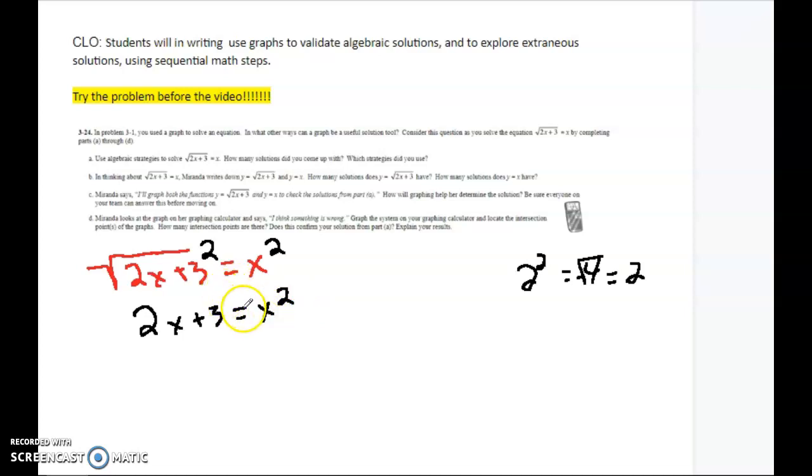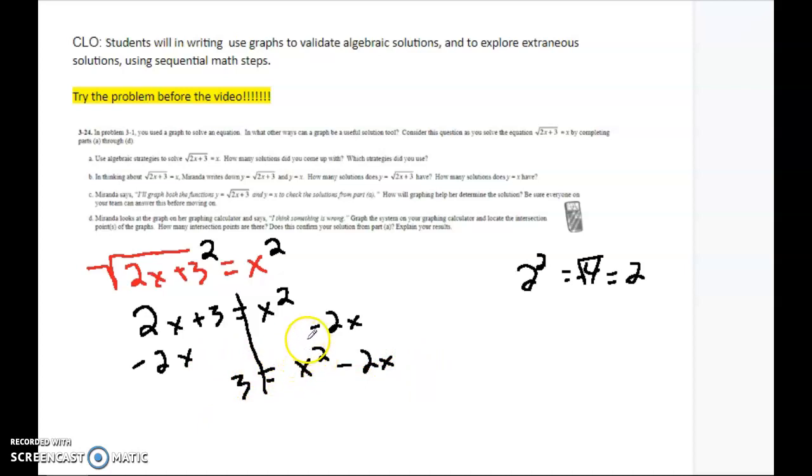So first things first, I got to make this all on one side. So I'm going to start right here and do 2x minus 2x here. So I got 3 left over here. And then I got x squared minus 2x. Still want to move this 3 too. And you're asking me, why did I move it to the right and not the left?